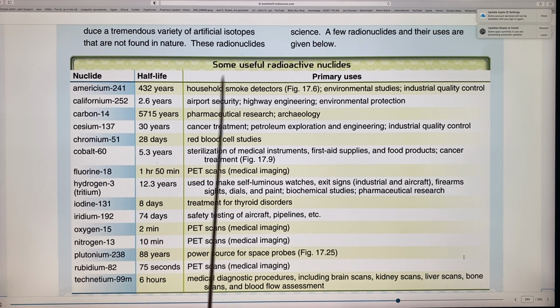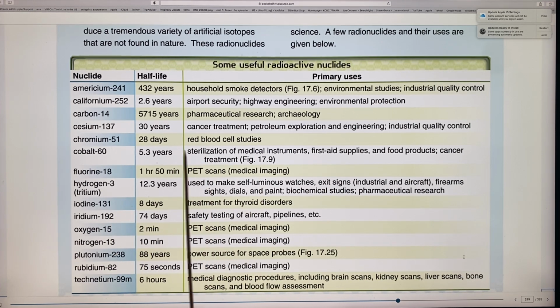Californium, a lot of these are manufactured in the laboratory, I should say, is used for airport security and highway engineering. Carbon is used for pharmaceutical research, archaeology with carbon-14, and cancer treatment. Cesium is used for petroleum and energy. Chromium is used for red blood cell studies.